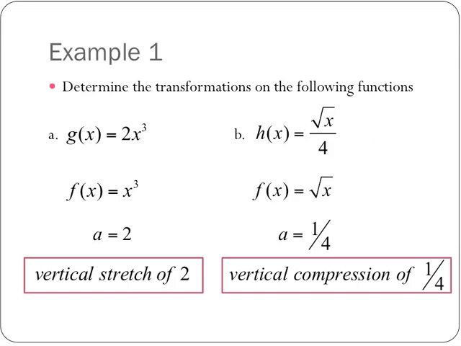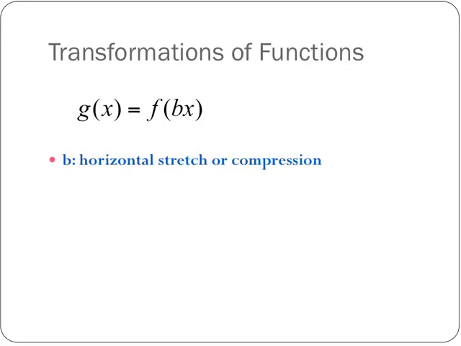Now let's move on to the value of b. We mentioned that this is going to correspond to a horizontal stretch or compression, so let's talk more specifically. A horizontal stretch or compression is very similar to the vertical stretch or compression, but actually flipped.